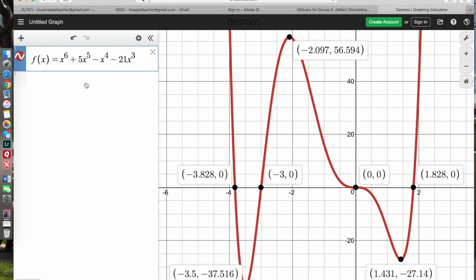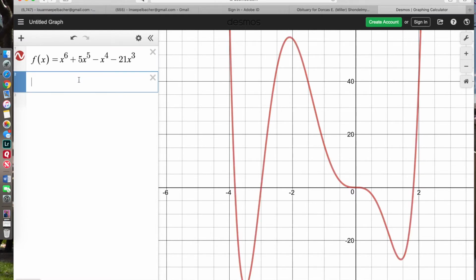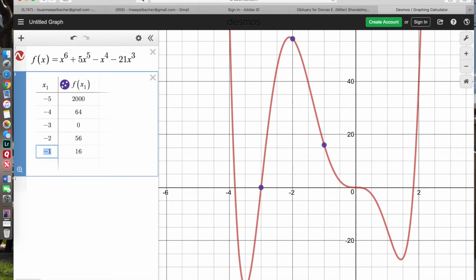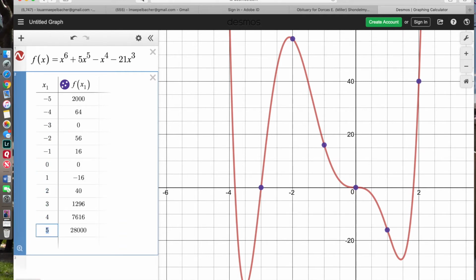Now remember that what you want to do next is go to add item and choose table, and then change y sub 1 to f of x sub 1. And then I'll start typing my x values at -5, and then just hit enter a number of times if you don't want to type each separate x value in.